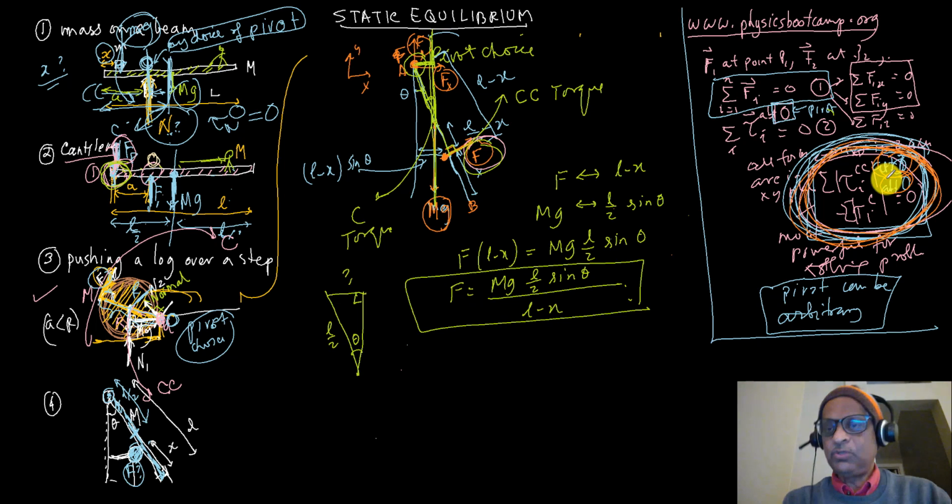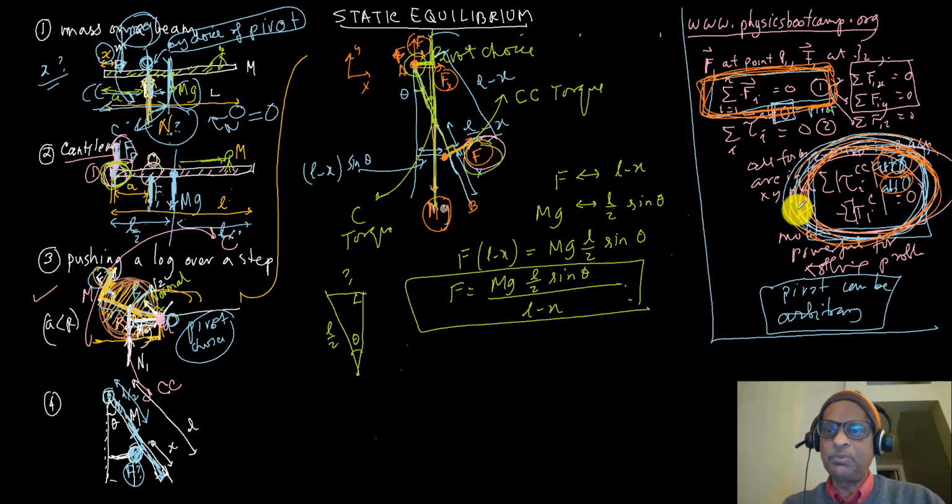A lot of students, because they are familiar with the forces, go for that first, but that turns out to be not a profitable direction for most problem solving. This will yield you a much faster result in almost all static equilibrium problems. But in some problems, you can combine the two to solve them. All right, that's all the strategies for static equilibrium problem solving.